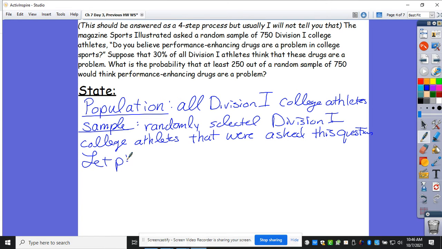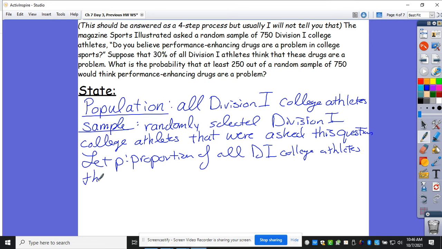Which is the portion of all Division I athletes that basically belongs to their... I'm just doing it word for word from the problem here.